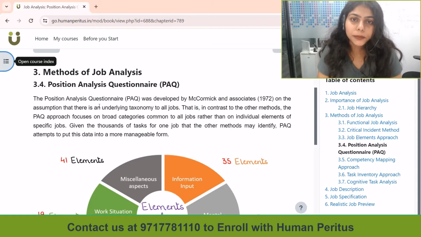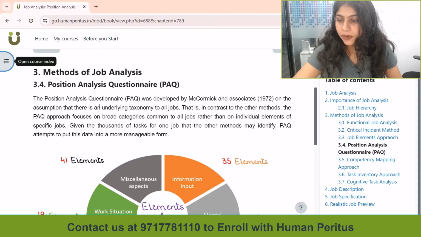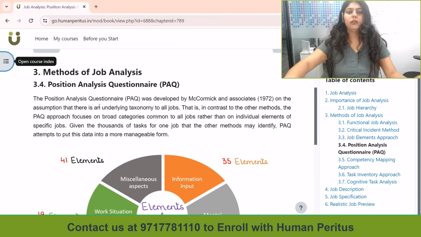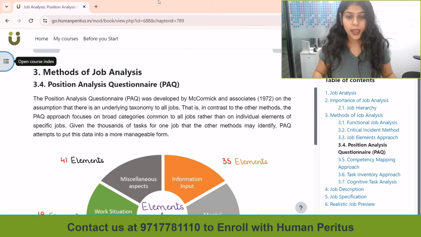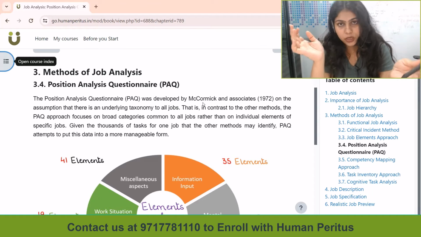Hello, we are covering job analysis, and within job analysis, we are on the fourth method of job analysis, and this method is called the Position Analysis Questionnaire.